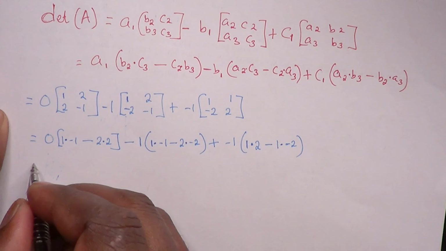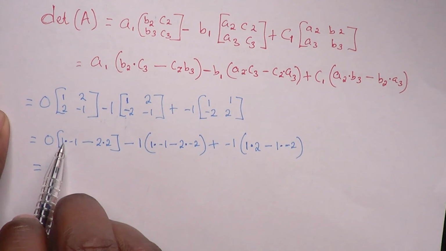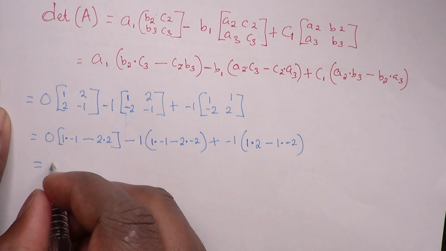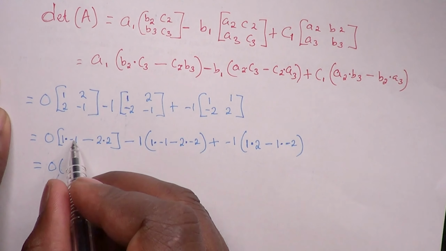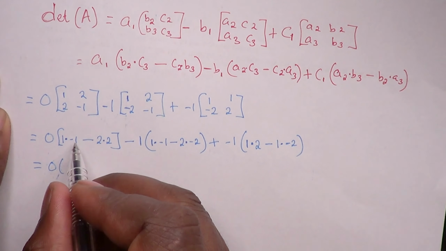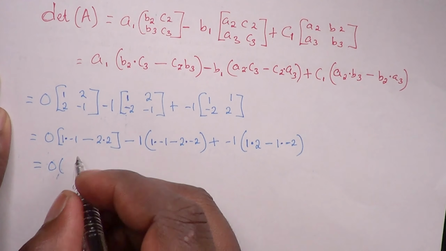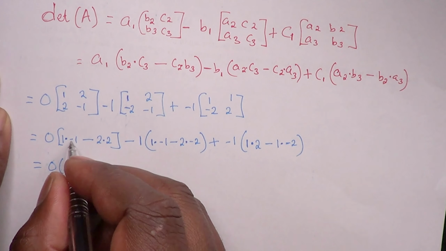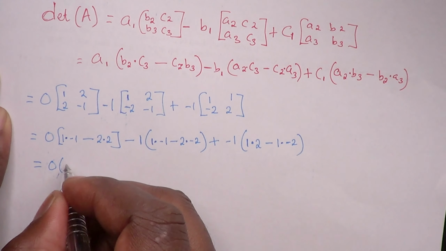So the next step: it will be 0 into bracket, 1 times negative 1, that's negative 1, minus 2 times 2, that is 4. Now negative 1 minus 4 will be negative 5... negative 1 times negative 4, it will be positive 4.